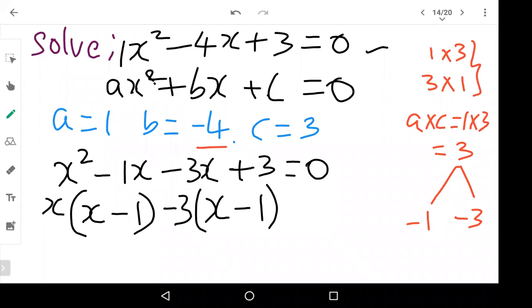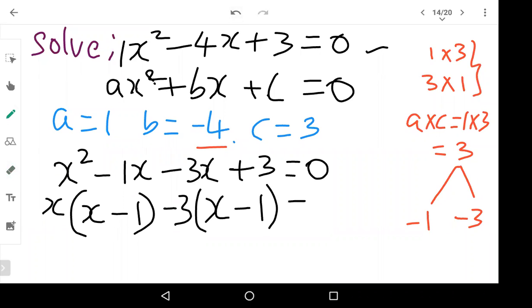If I take -3 as common, now multiply: -3 into x is -3x, and -3 into -1 is +3. I will get back the same expression. So you have to do this little calculation if you get confused while taking the common. Okay. So now I have got two expressions.